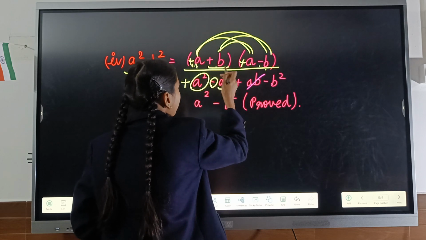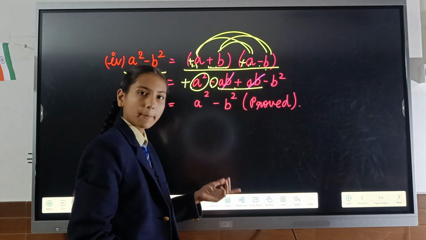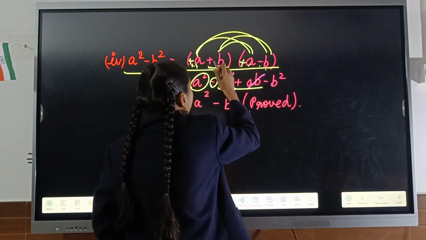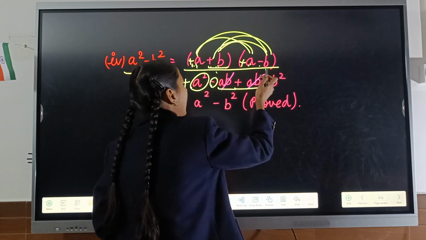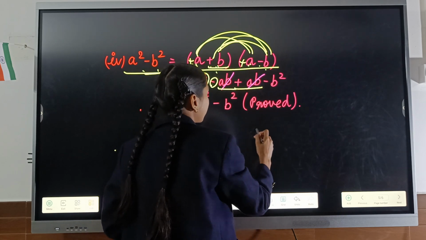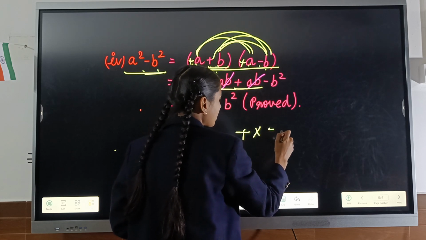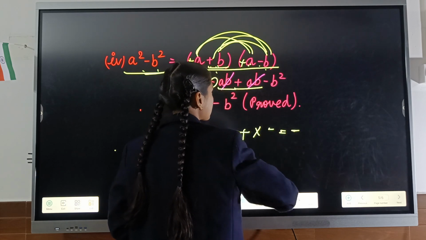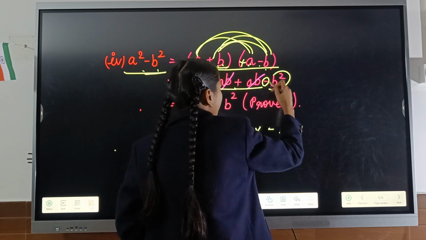When we multiply plus b into plus a, we will get plus ab or plus ba. Here is plus b into minus b. We already know when we multiply plus into minus, we get minus sign. So here we have written minus, and b into b, b square.